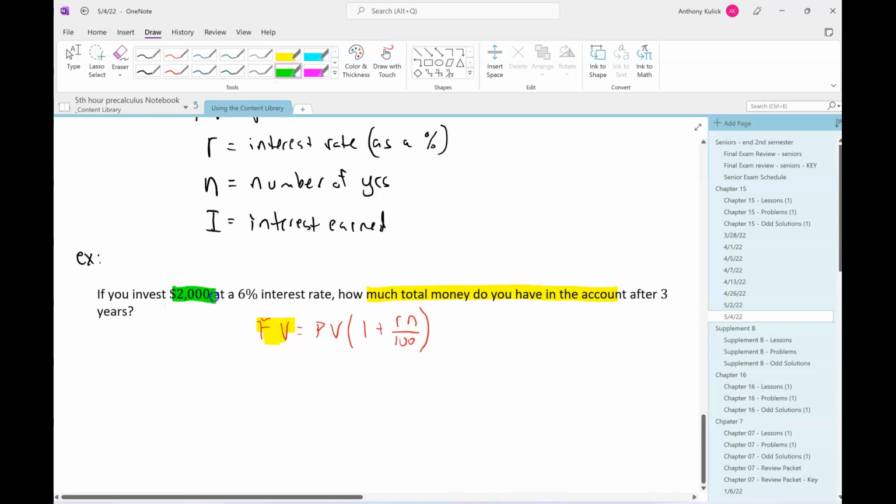What's the 2000? That's the present value, the PV. Okay. What's the 6%? It's the R, the interest rate. And then the 3 years is the N. Okay. So just plug this stuff in.